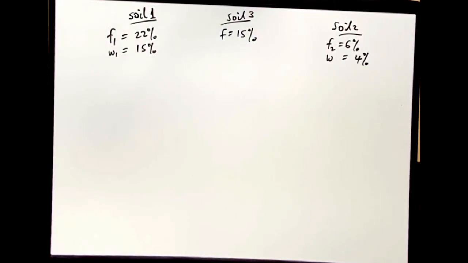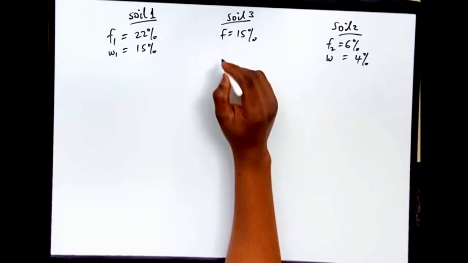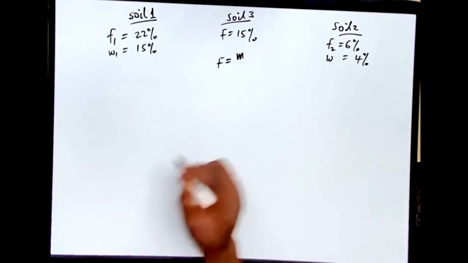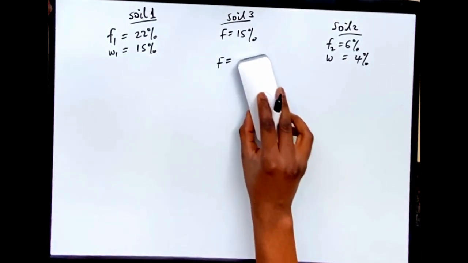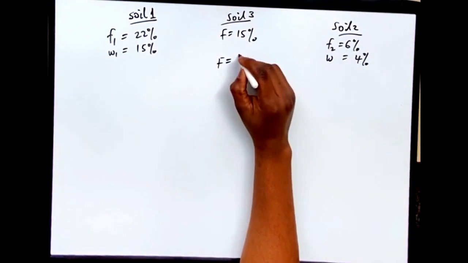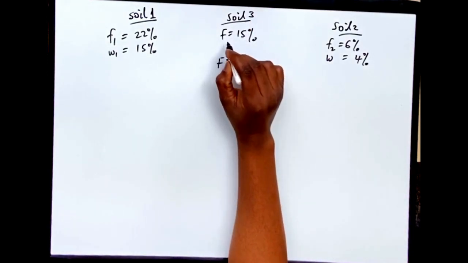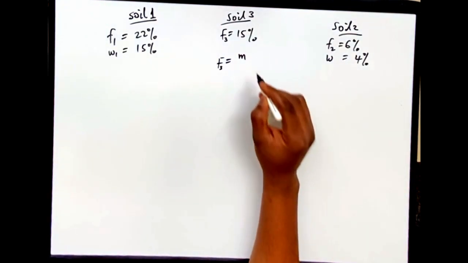So first off, we know that the fines percent is simply the weight of fines. I'm going to call the weight of fines, I'm going to denote it by lowercase m, and since it's for soil 3, let's keep the name here, soil 3.